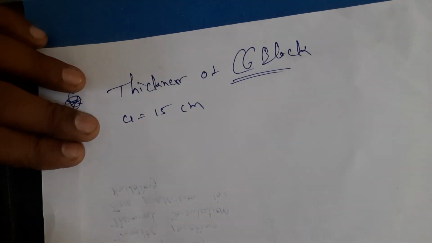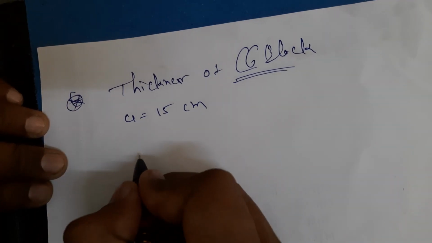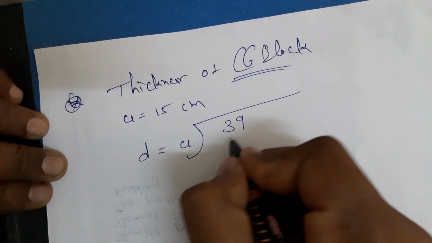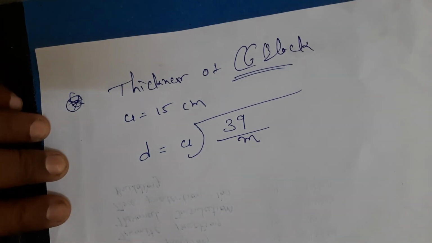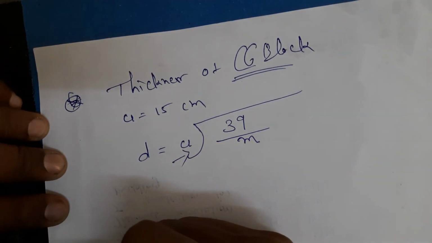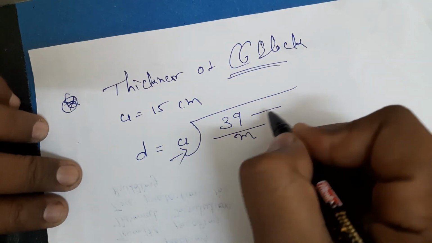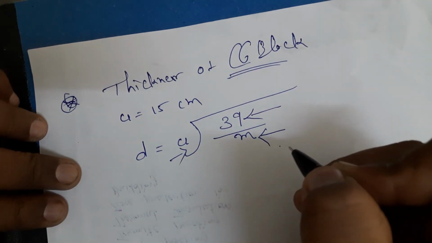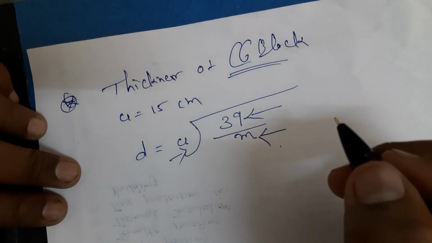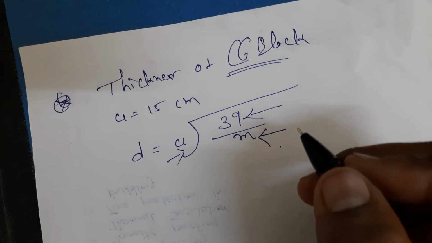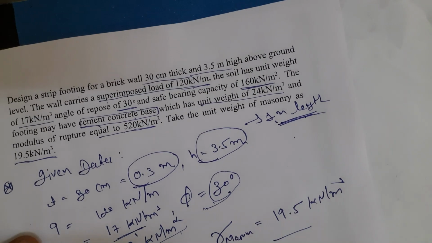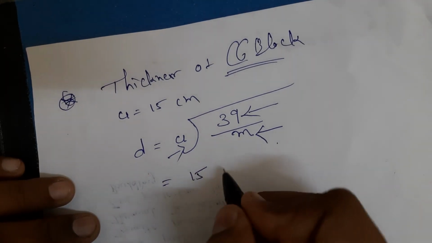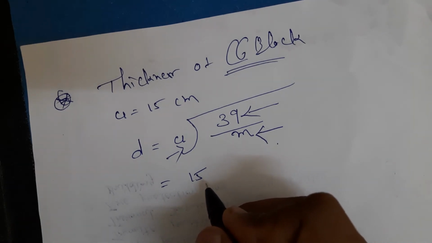Now there is an equation to find the thickness of the concrete block: distance equal to A under root of 3q minus m. You know the projection is equal to 15 centimeter. This is your total load that we already calculated, and m is the modulus of rupture, which is also given in the exam. So it is 520 kilonewton per meter square.